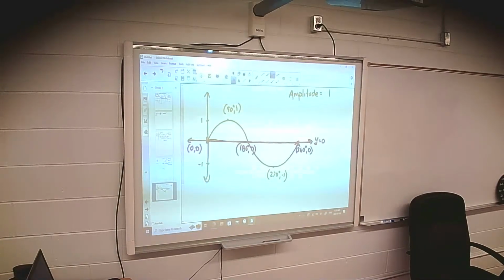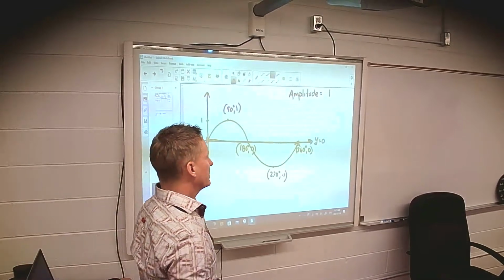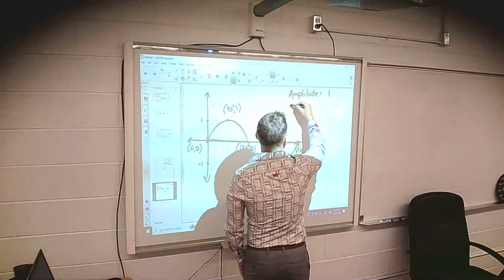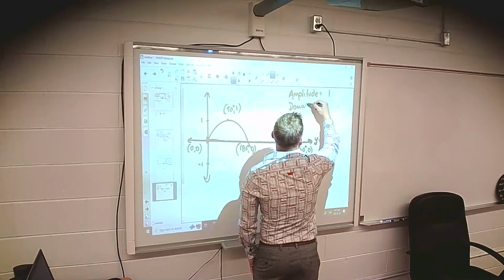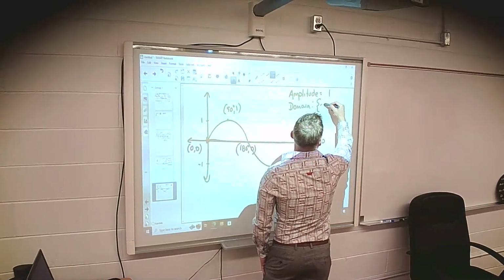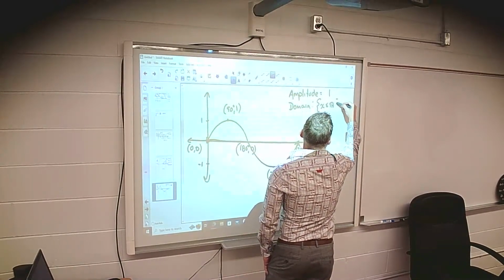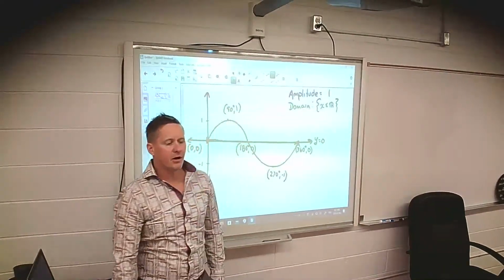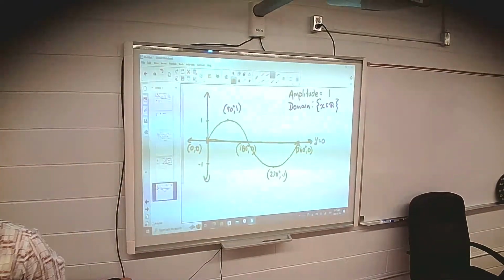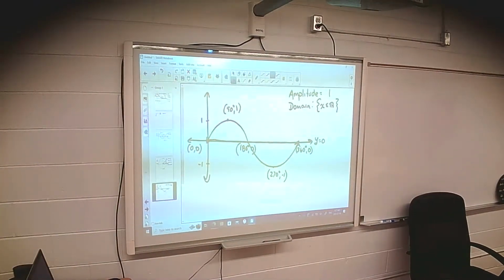What does that make the domain for this graph? X is an element of all real numbers. It goes left forever, right forever. All the periodic functions do. We are only working with sine and cos in this class. We don't touch tan.